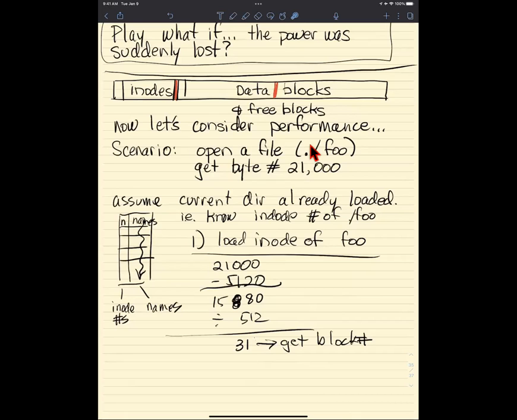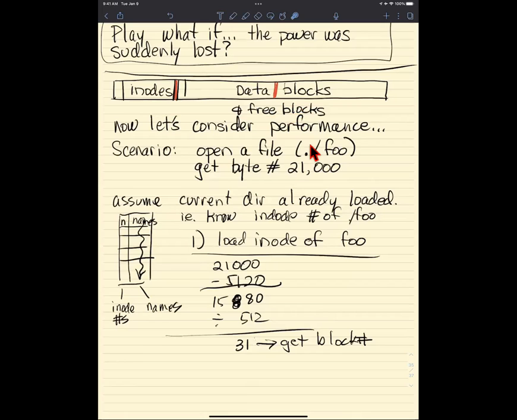So you can see where I'm going with this, that we're going to lose a lot of time seeking back and forth between the data area and the inode area. So the performance of this file system was very low. Pair that with the fact that disks were much slower in those days. So this was glacial. This was really slow.